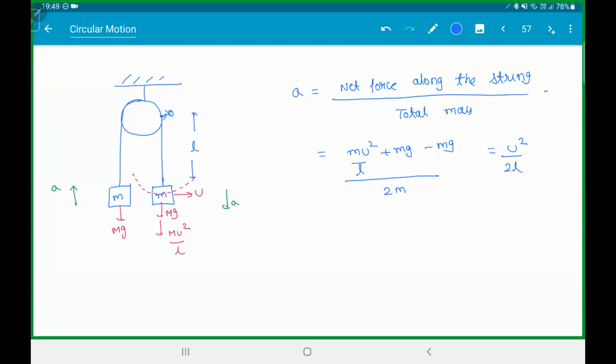Now you got an additional centrifugal force mu square by L, and the total mass is 2m. Clear with this?